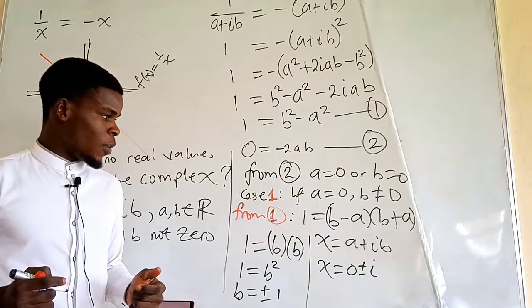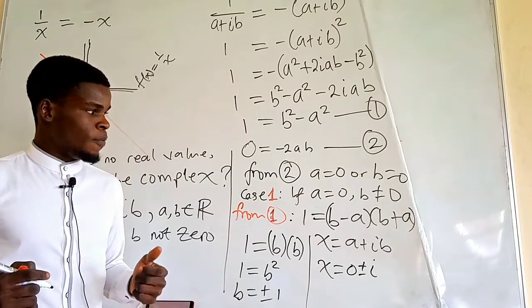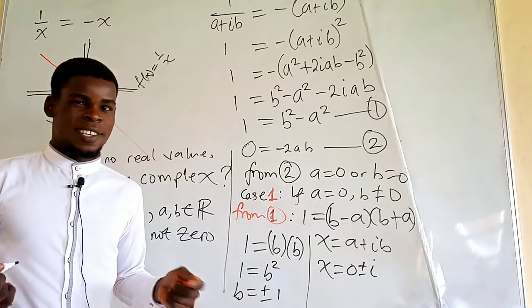What if in the other way around, I say let's make B to be 0 and A to be non-zero? Let's just see what we're going to get.